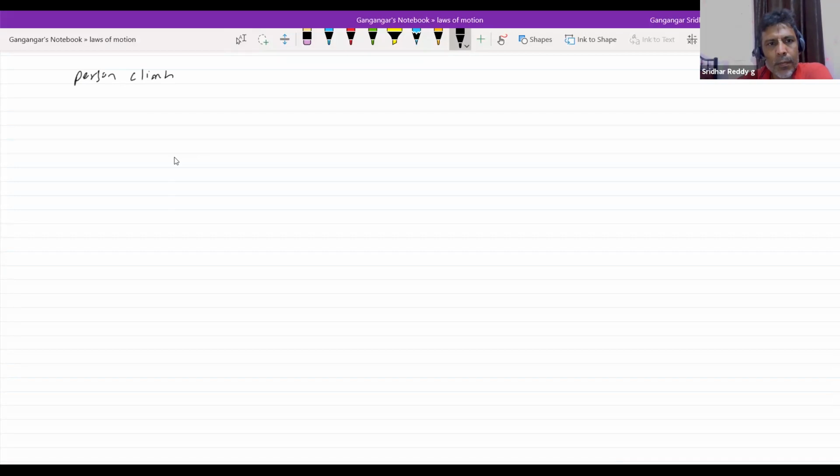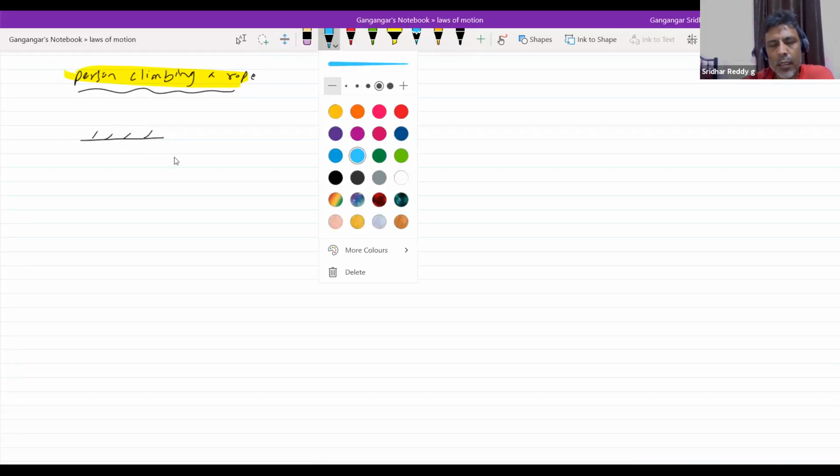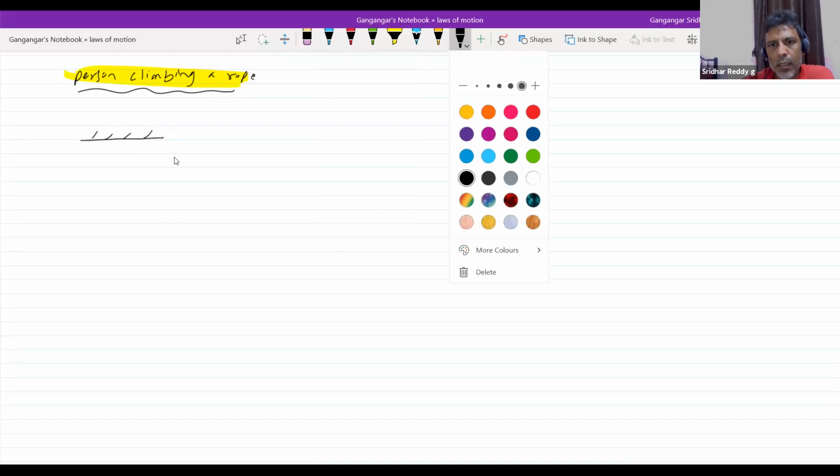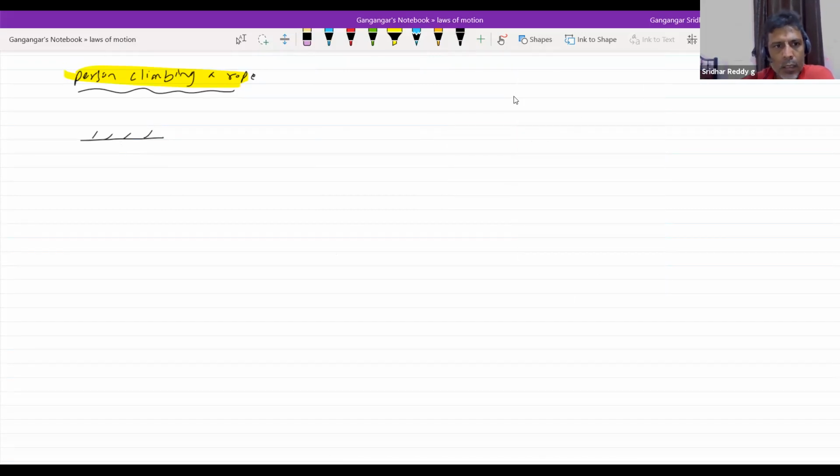Person climbing a rope. What concept do we have to apply here? Okay, there's a rope. So now a person is going to climb up the rope.